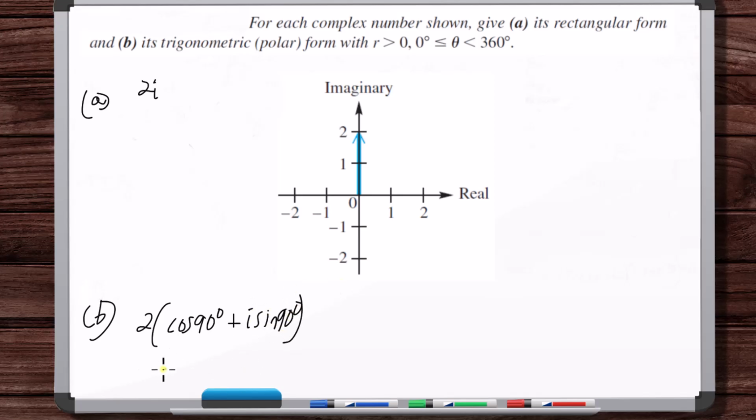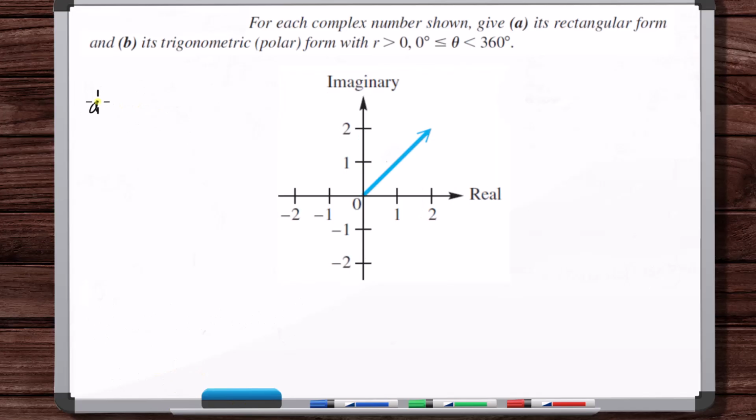The complex number is 2i. But it's the same number. The two z's are the same. I'm not saying z1 and z2. These are both the same z, the same complex number. So z is, cosine 90 is 0, sine of 90 is 1, so 2i.